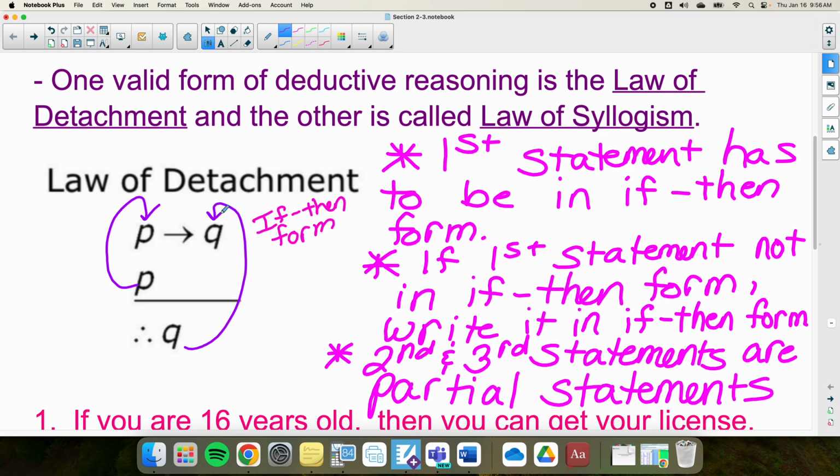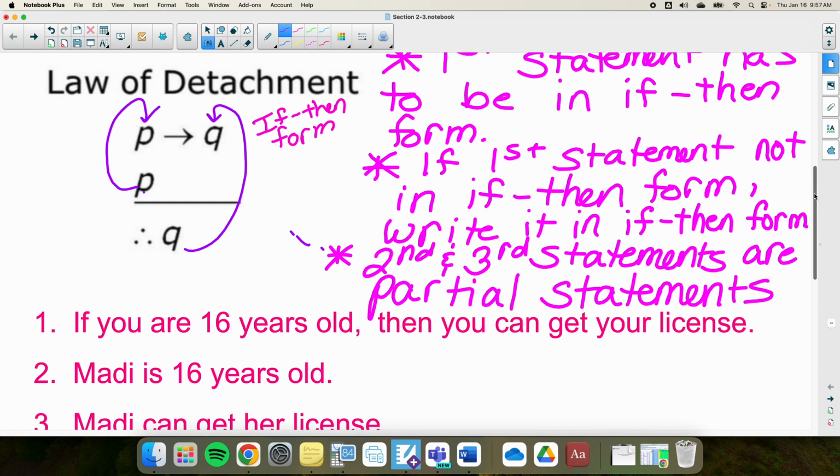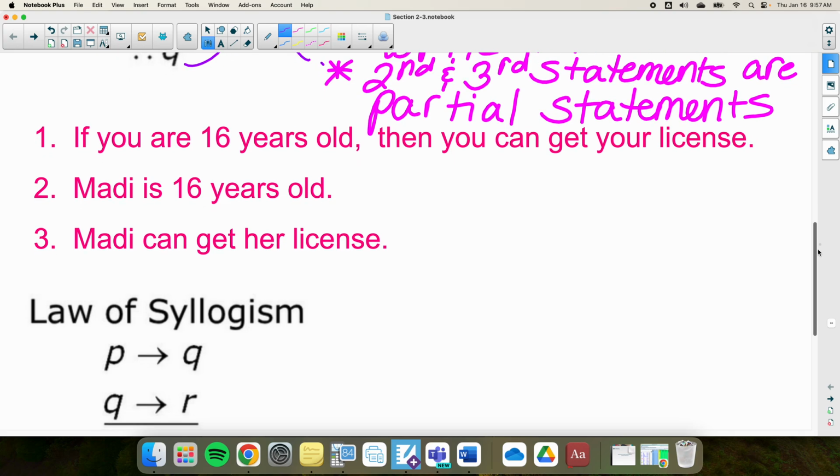So if this was like, if your name is Maya, then you have a 4.0, this would be something like her name is Maya, and this would be she has a 4.0, okay? So that's kind of what you would be doing in Law of Detachment. Here's an example.